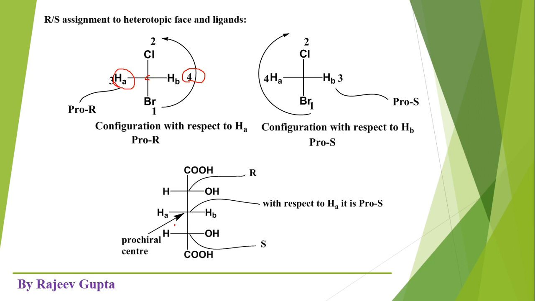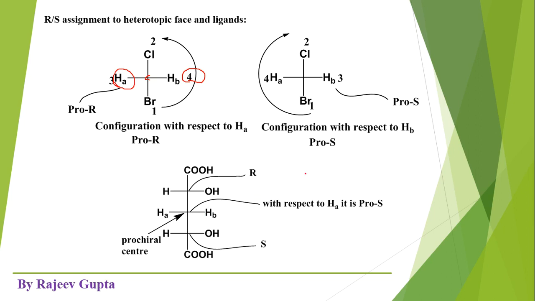Likewise, we can provide the pro-chirality descriptor, or pro-R/S assignment, to these pro-chiral centers. Here, this is also a pro-chiral center. It has R configuration and this has S configuration. So how do we get pro-R or pro-S?